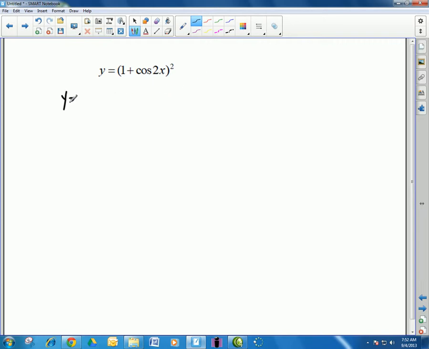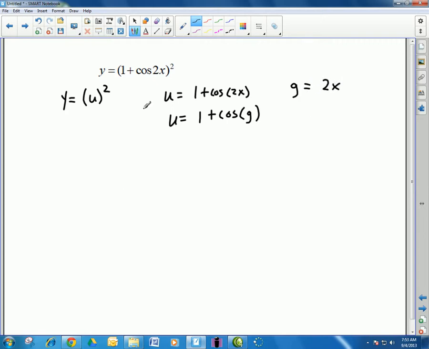If we rewrite this, y is equal to u squared, when u is 1 plus the cosine of 2x. Okay. However, you can't find the derivative of this directly, so you have to rewrite u, and I just used a different variable. So let's use g for fun. And g then is 2x.